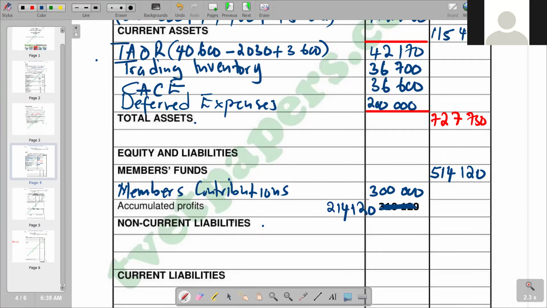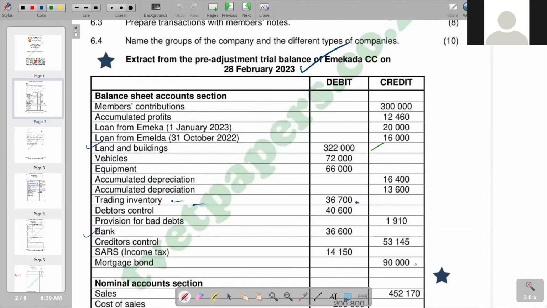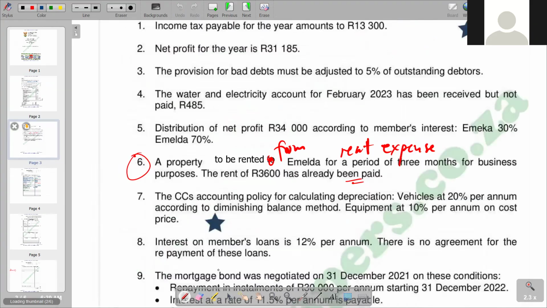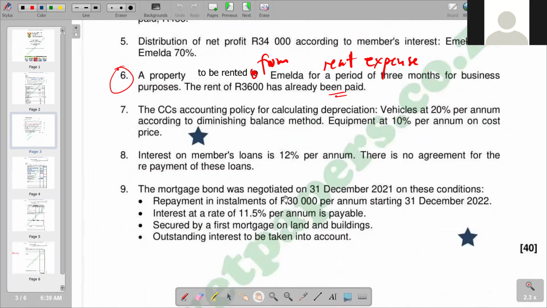And then we move on to non-current liabilities. We take note, we have got mortgage bond that we have, which is 90,000. But this mortgage bond, if you go to additional information number 9, it's saying the mortgage bond was negotiated on 31 December 2021 on these conditions. Repayment installments of 30,000 per annum starting 31 December 2022. And our year is ending 28th February 2023. So it means this 30,000, we have to subtract it. It's a repayment.